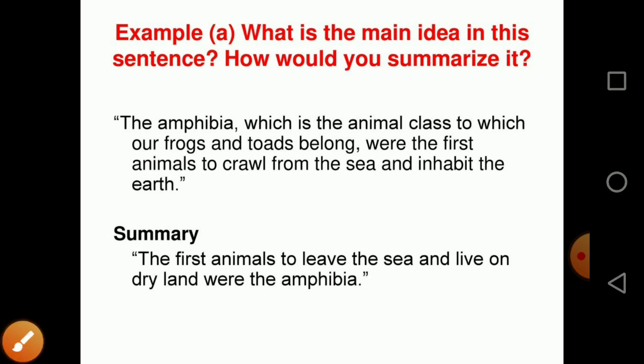The first animals to leave the sea and live on dry land were the amphibia. Now see the difference. The original is around 30 plus words, and the summary is just 15, so more or less half of it.